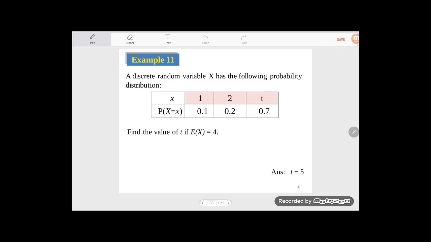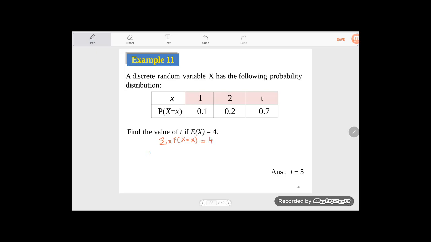Example 11. A discrete random variable X has the following probability distribution. Find the value of t if the expectation of X is equal to 4. So now we know that the expectation of X is equal to the summation of x times the probability of x, which is given here as equal to 4.